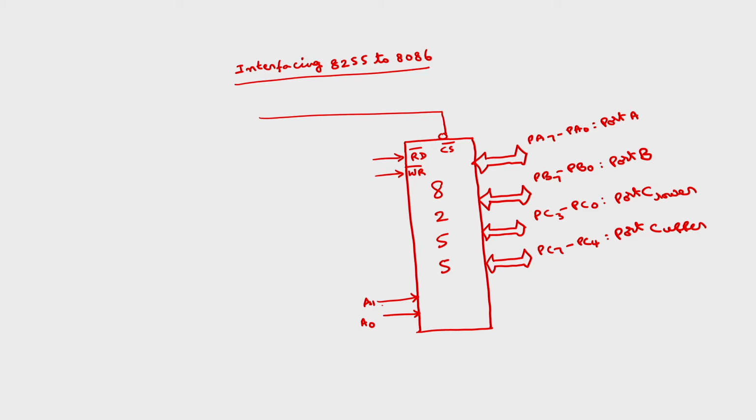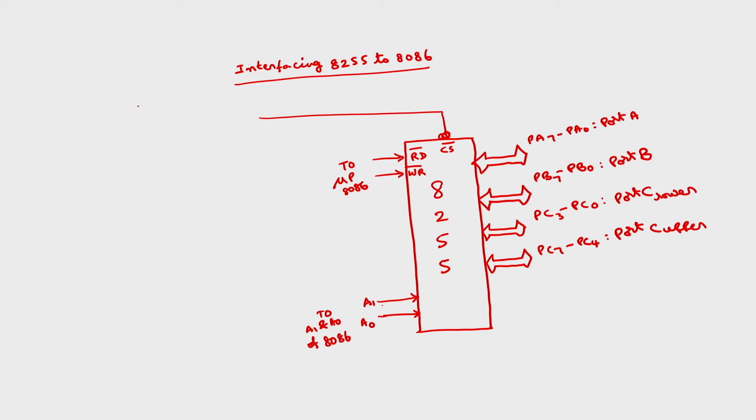Here this port can be either an 8-bit port or 16-bit port. These two are connected to the corresponding read and write bars of microprocessor 8086. Reset also you have to connect. The only thing is how to generate this chip select signal for this 8255.